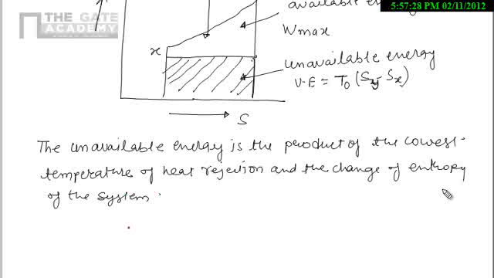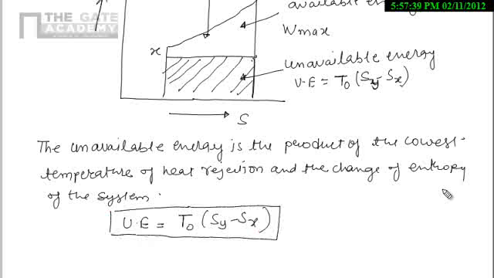So unavailable energy I can write as T0 (Sy minus Sx).